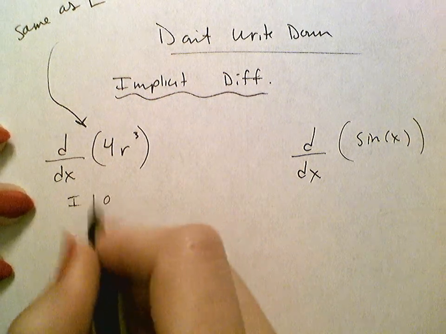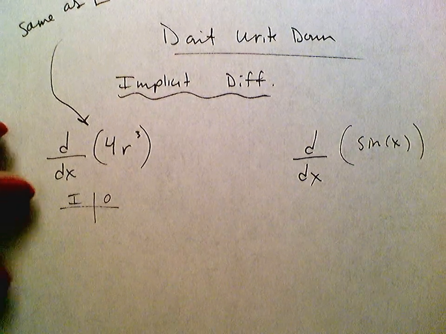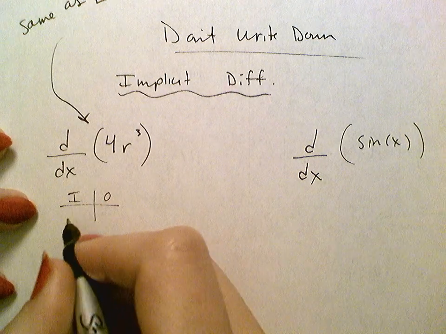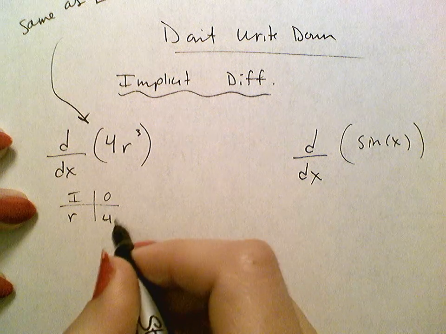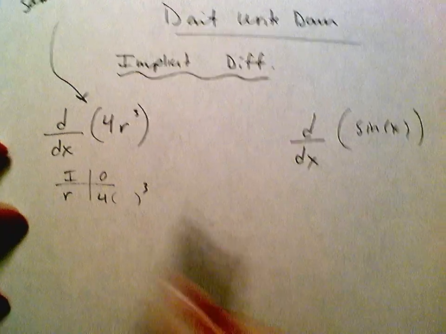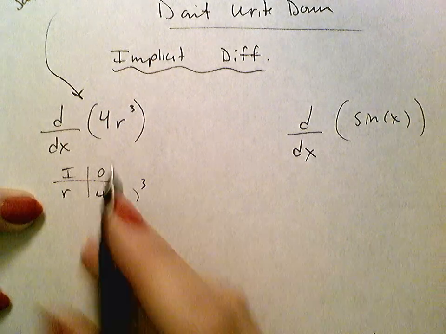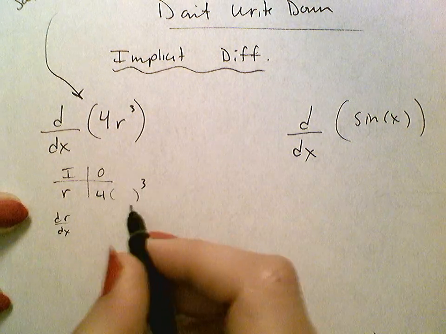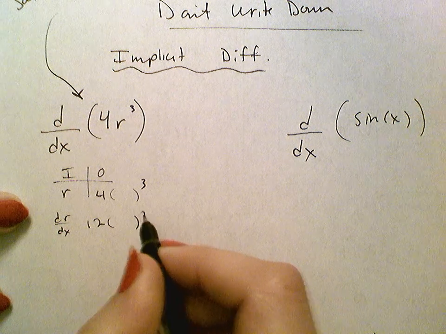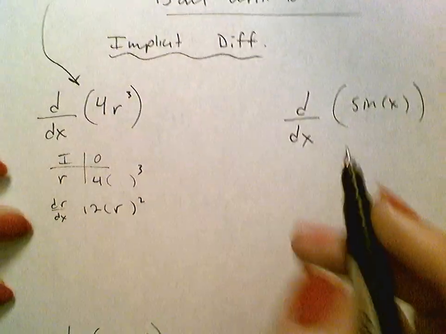So anyway, anytime you do implicit differentiation, you've got to do chain rule. The innermost function, I'll say, is r, and then it's 4 blank to the third. So the derivative of r with respect to x is dr dx, and the derivative of this is 12 blank to the second, and then r goes back inside.